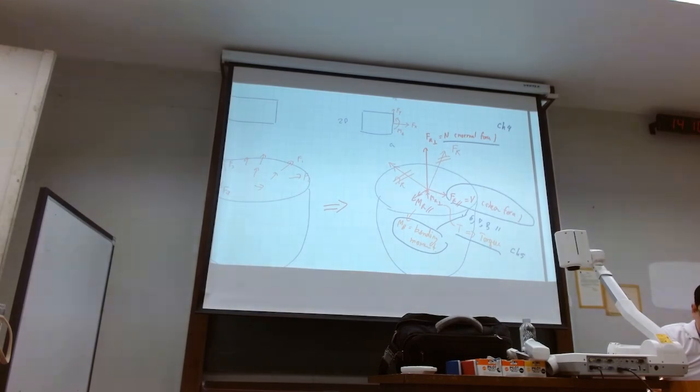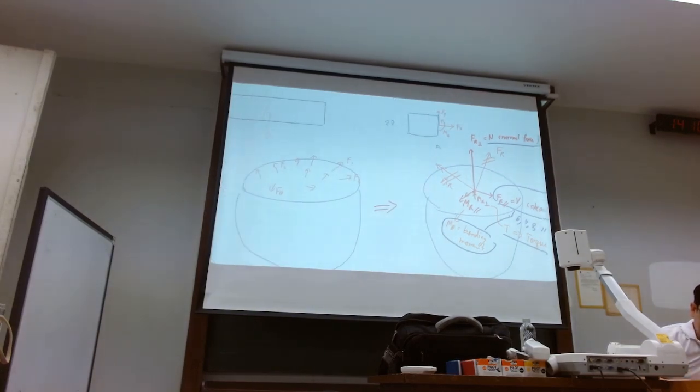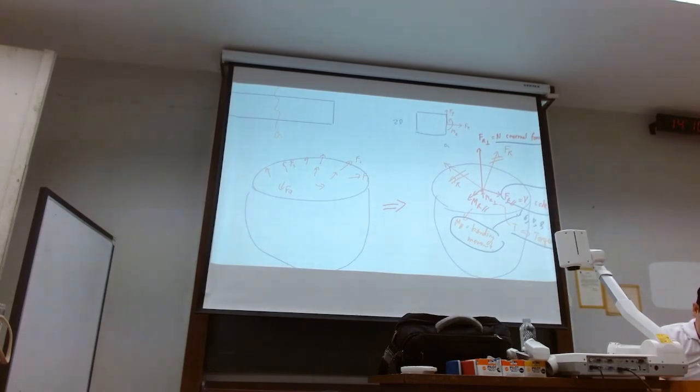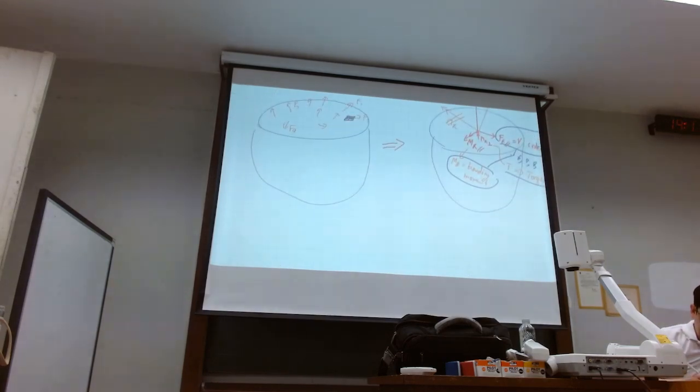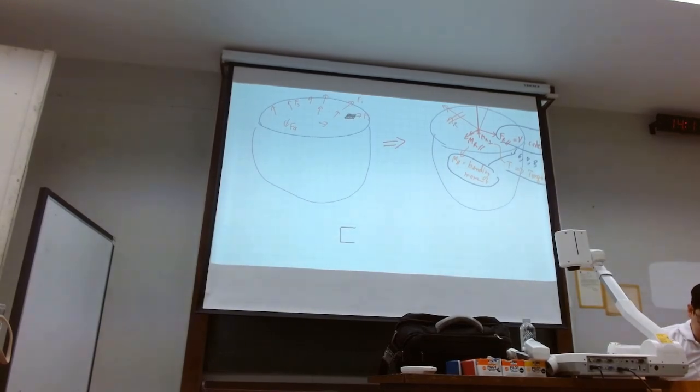So let's say that in this special case, if you pick up any small element at all on the surface, any small element would exhibit different forces on the surface.